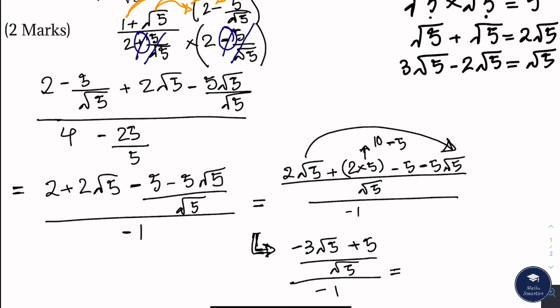Now we are dividing by minus 1, meaning all the numbers are going to stay the same, but we need to change the signs, so we need to flip the signs. Now this becomes 3 square root 5 minus 5 over square root 5.